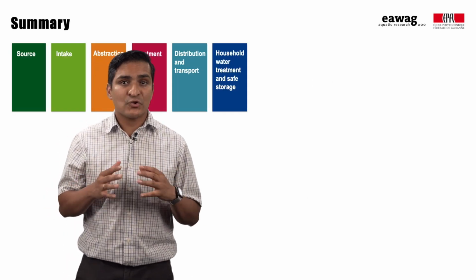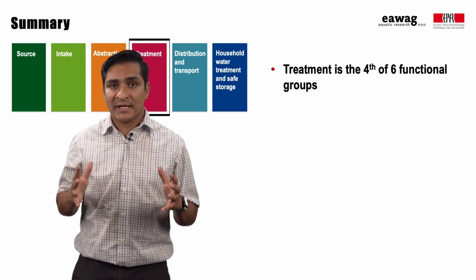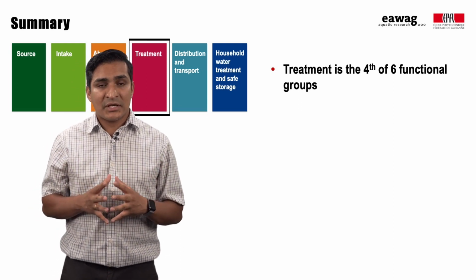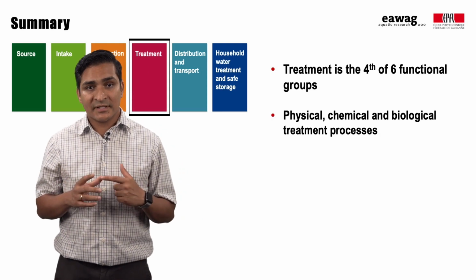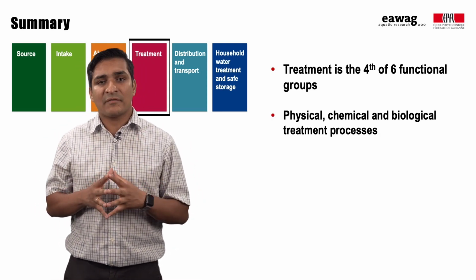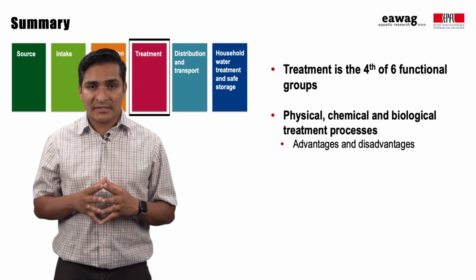In summary, treatment technologies make up the fourth functional group of a water supply system. You have learned about three treatment processes used to remove various contaminants categorized broadly as physical, chemical, and biological treatment. We briefly covered some of the advantages and disadvantages of these processes.